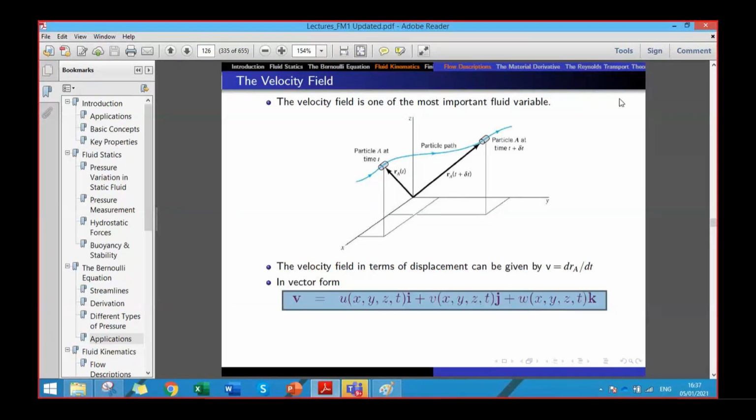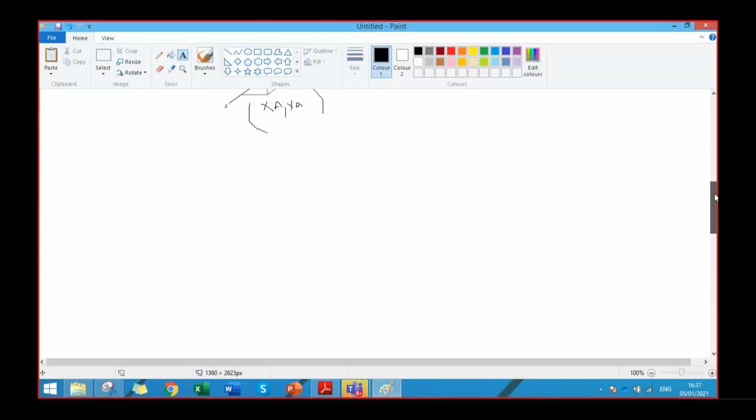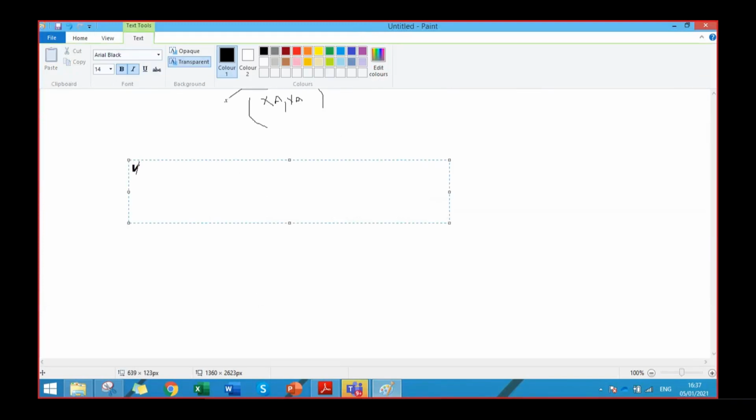So we'll write the velocity vector now as V equal to ui plus vj plus wk. This capital V represents the velocity vector or the velocity field. The small components are the velocity components along the i, j, and k directions. And each of these components is itself dependent on x, y, z as well as the time. Clear?